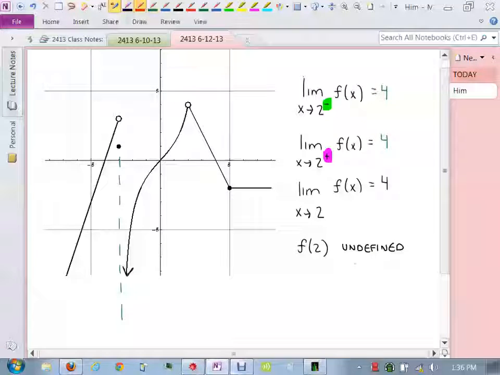Okay? If you write does not exist, that is wrong. Now, on this quiz, I won't necessarily get too angry about that, all right? But down the road on a test, we reserve does not exist for limits. When you're doing a limit, and that limit doesn't go to the same place from both sides, we say it does not exist.